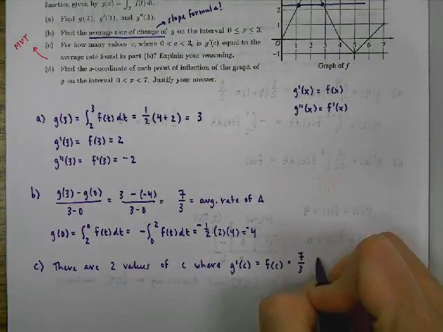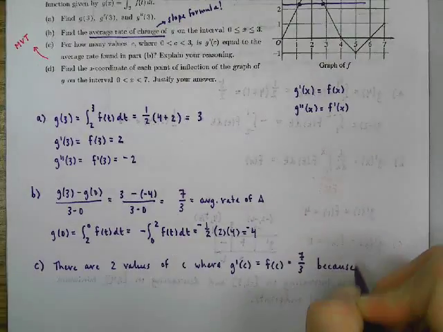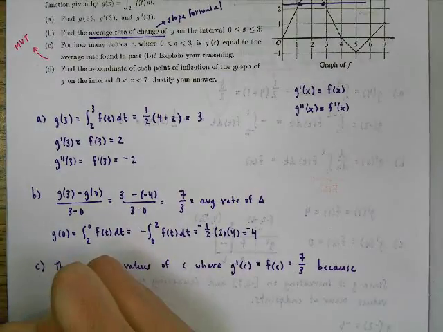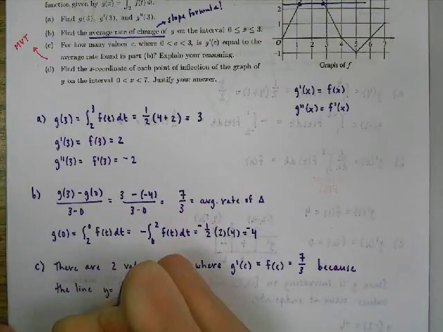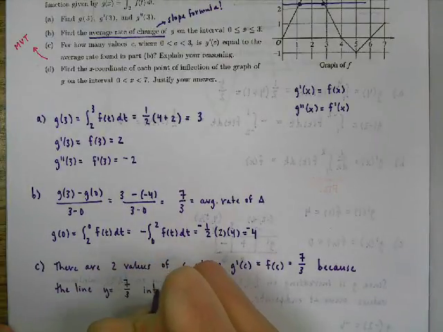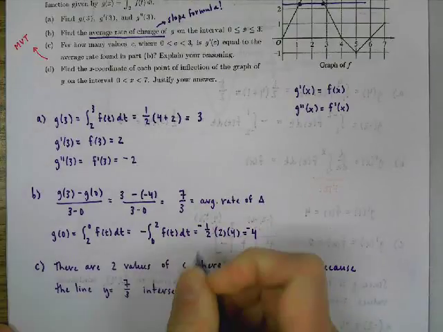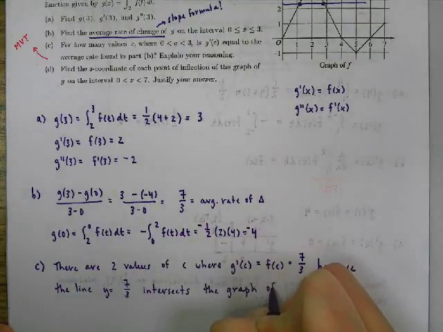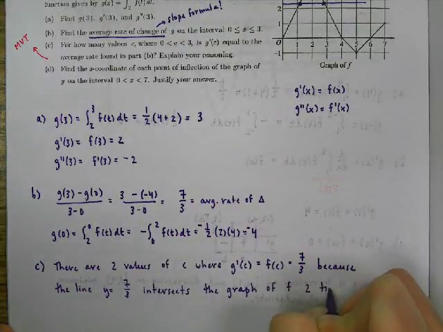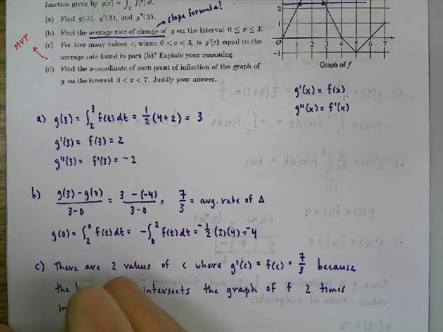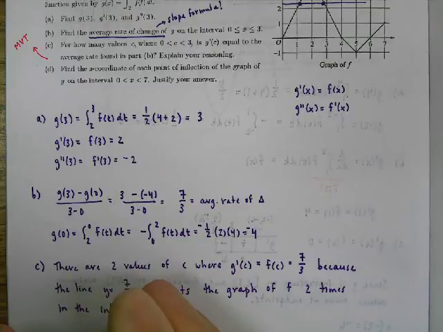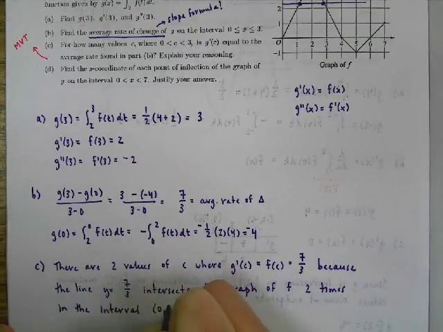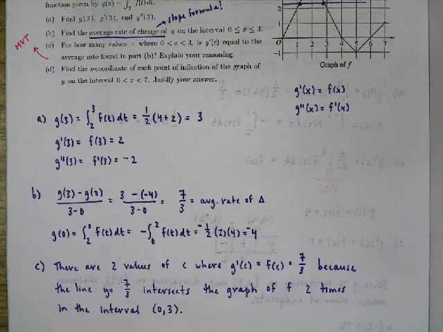Okay, and I know that because the line y equals 7/3 intersects the graph of f two times in the interval from 0 to 3. So again, they're not asking for us to solve for those values. They just want to know how many that there are.